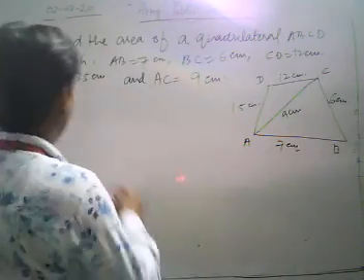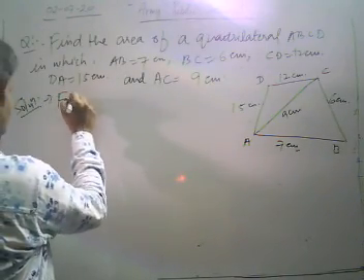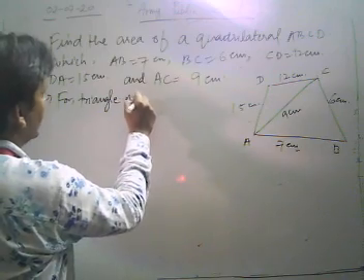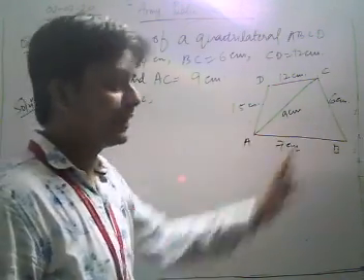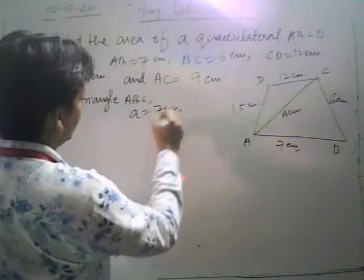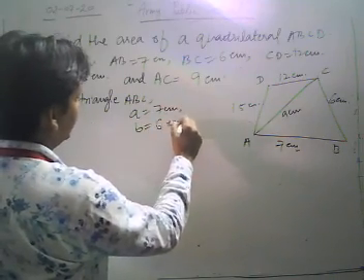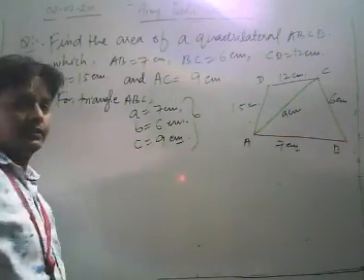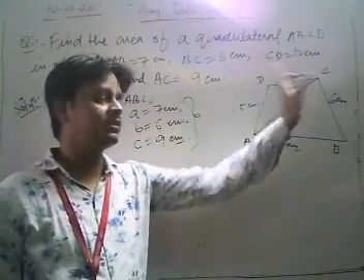For triangle ABC, all three sides are given. The first side is 7, the second is 6 centimeter, and the third is 9 centimeter.